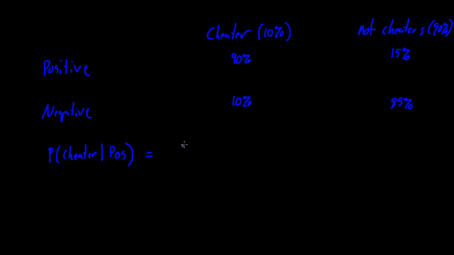So given this formula here, we know that we can break down this conditional probability equation into a fraction where we have the probability that someone is a cheater and, so the intersection, that they got a positive result, divided by the probability that they got a positive result. And we know from the multiplicative rule of probability that we can break down this top part of our equation in two different ways.